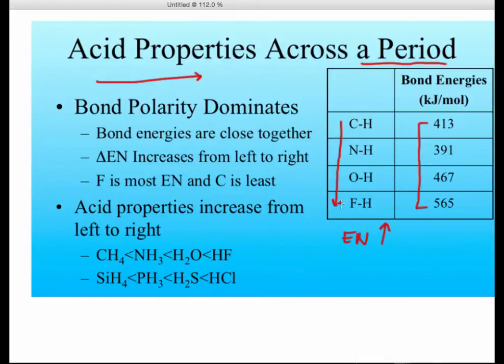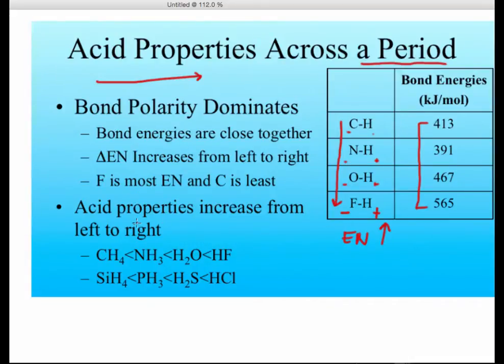That means right here we're going to have a very strong negative and a very strong positive, because of a very high electronegativity difference. Then it gets a little bit weaker, a little bit weaker, and then so weak that we really don't have much. The electronegativity between carbon and hydrogen is almost exactly the same. As we get to fluorine, the electronegativity goes up.